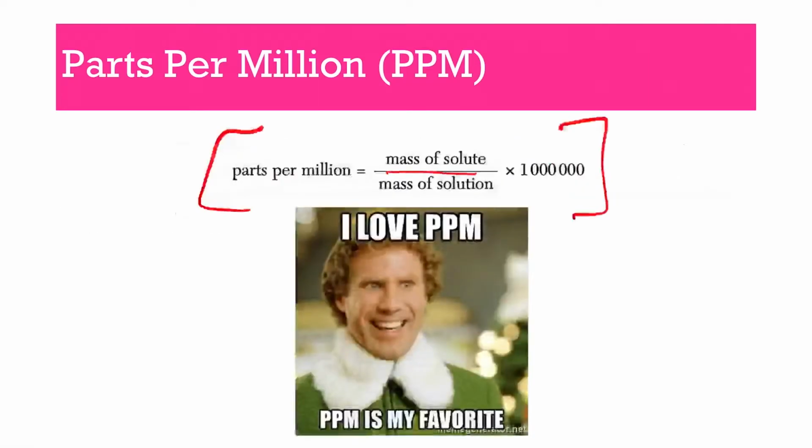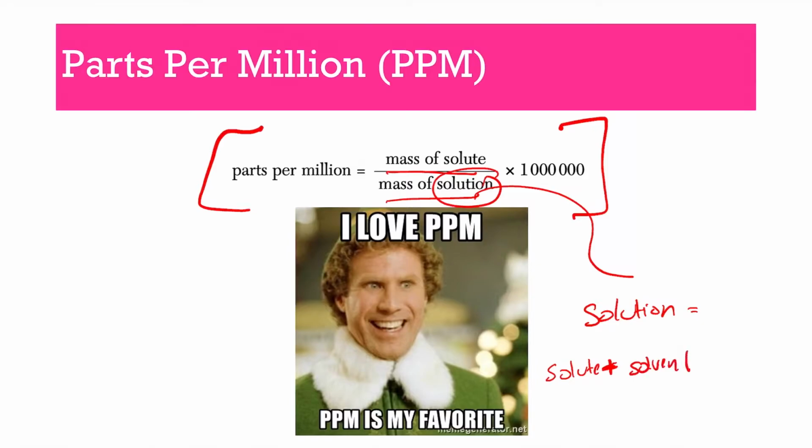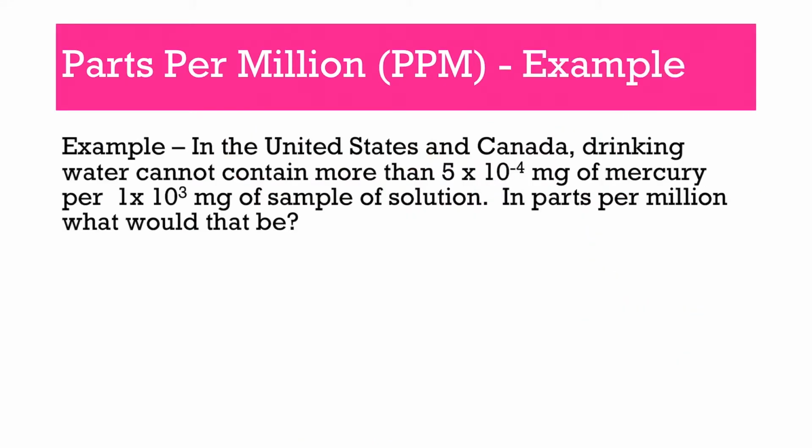So again, our formula is the mass of the solute over the mass of the solution. So just remember, your solution is made up of your solute, the thing that gets dissolved, plus your solvent, the thing that does the dissolving. Keep that in mind.